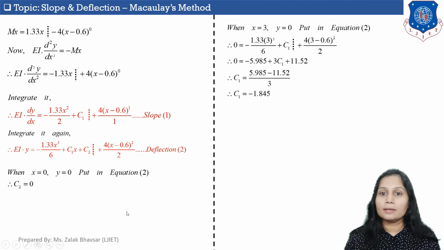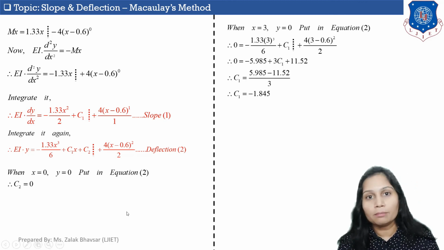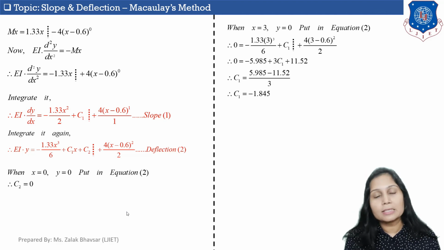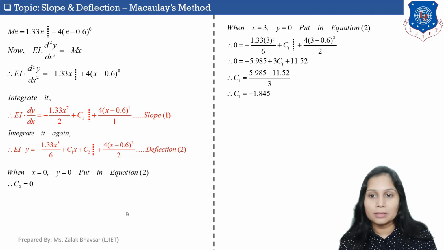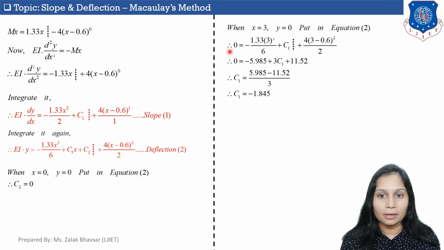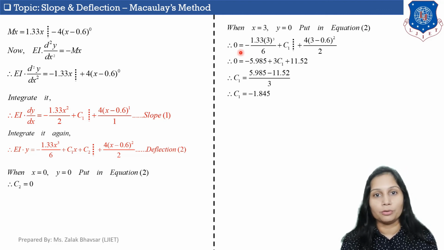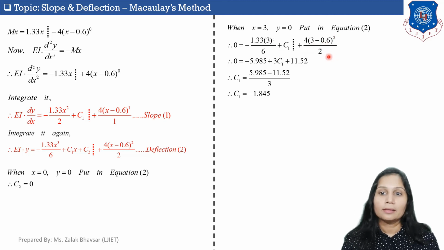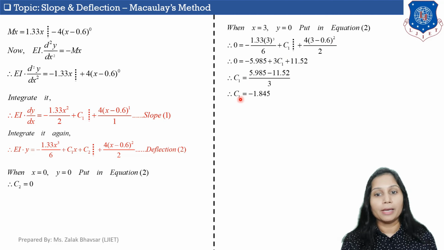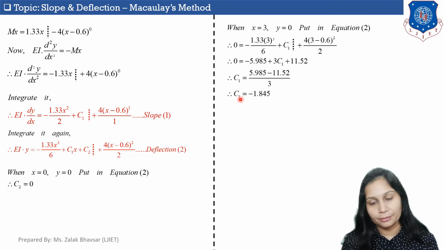Now let's apply the second boundary condition, which is x is equal to 3, then y is equal to 0 in equation number 2. Then we get the equation as 0 is equal to minus 1.33 times 3 cubed by 6 plus C1 times 3 plus 4(3 minus 0.6) squared by 2, and ultimately I will get the value of C1 is equal to minus 1.845.